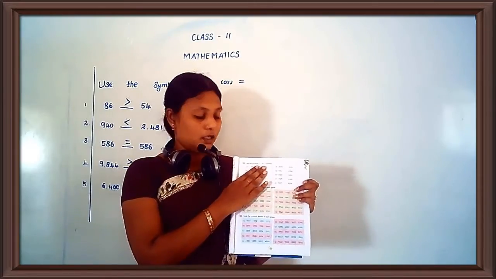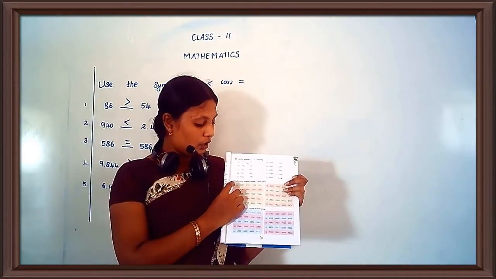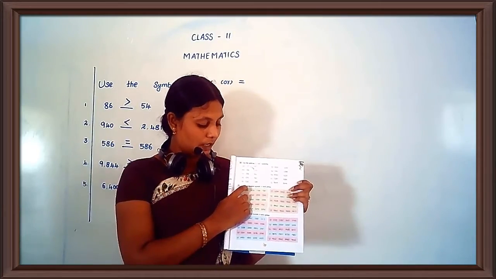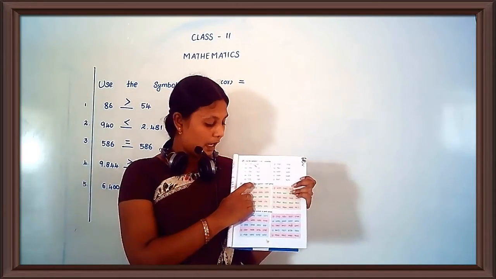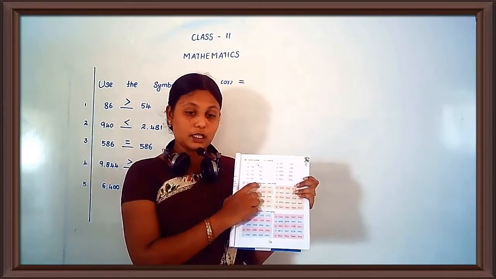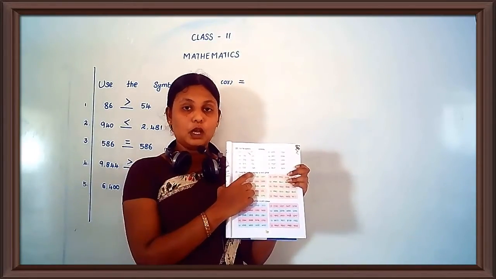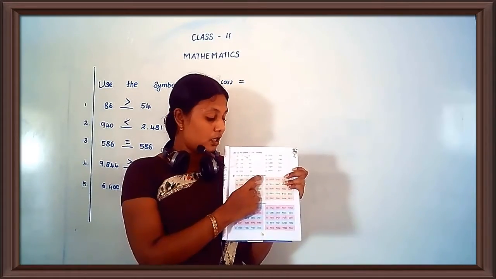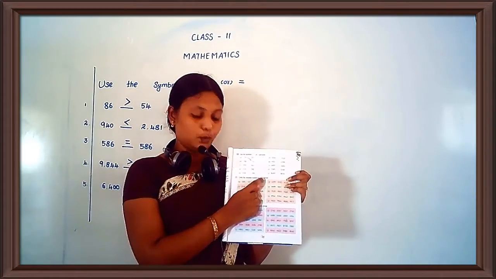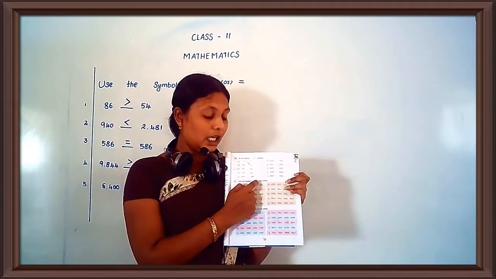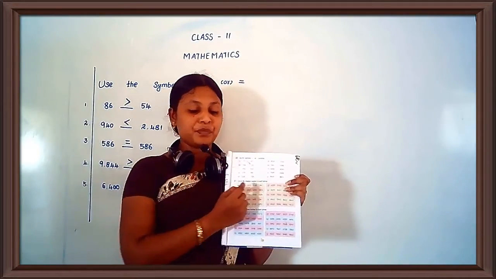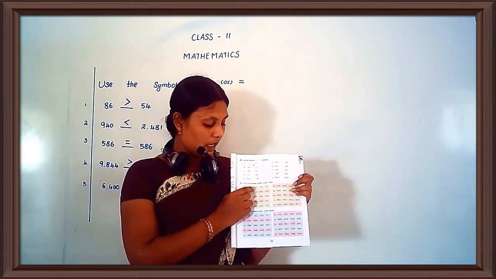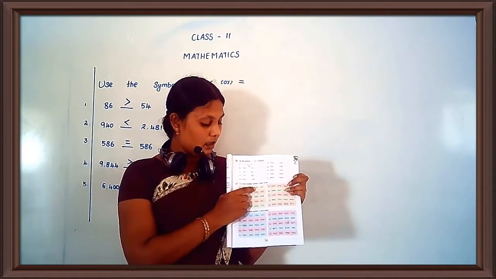This is homework. Then see the 21st question. Circle the smallest number in each group. See the first question: 1000, 1010, 1100, 1001.